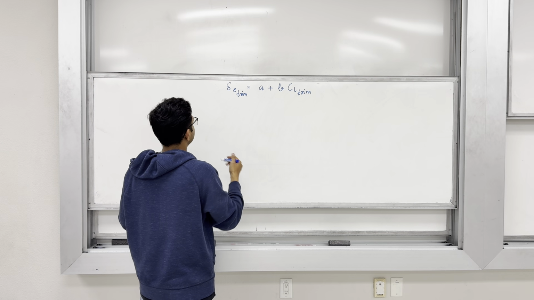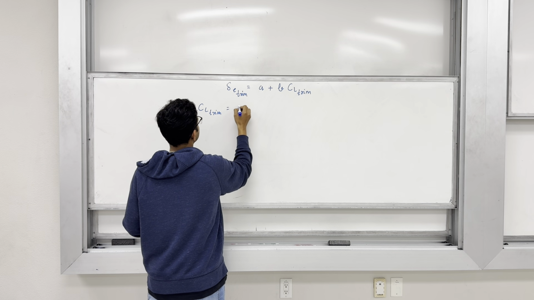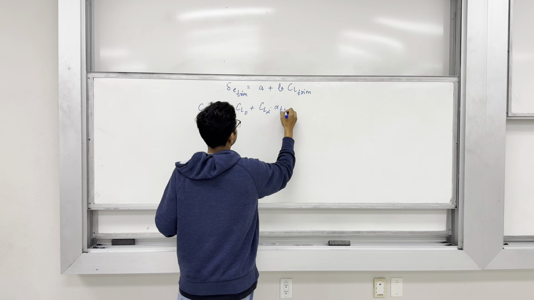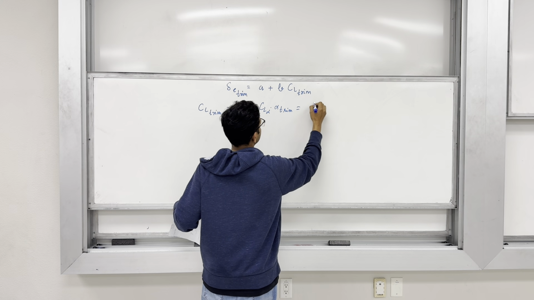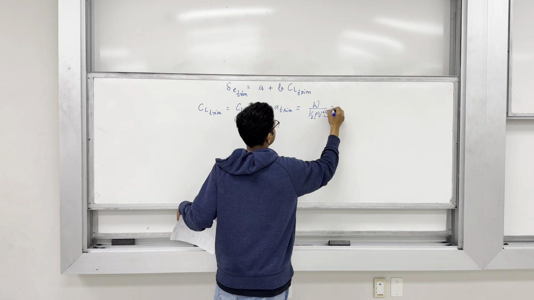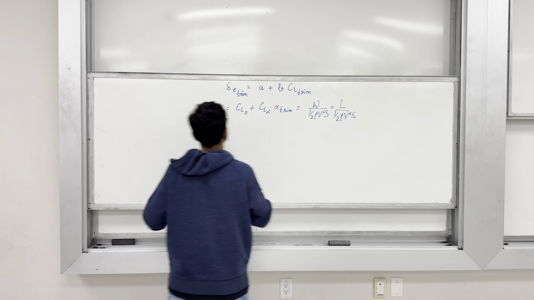At trim, two things happen. CL trim equals CL naught plus CL alpha times alpha trim, and this equals the weight of the aircraft divided by half rho v square s, which is also lift by half rho v square s. Fine.